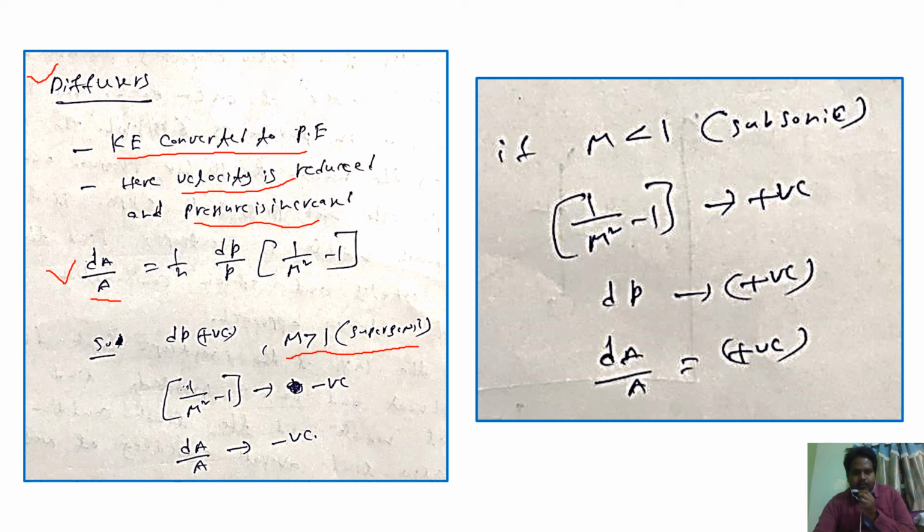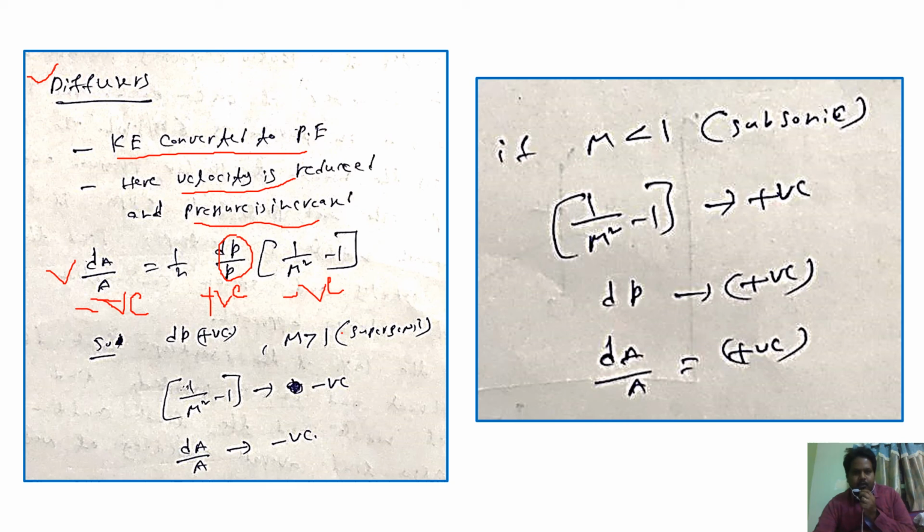If you put M greater than 1 in this equation, this part would be negative, and coming to dP by P, in the diffuser the pressure is increasing and velocity decreasing, so the dP by P value is positive. So positive into negative, so negative cross section.